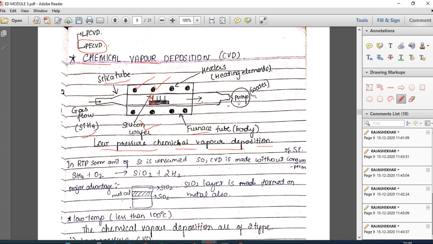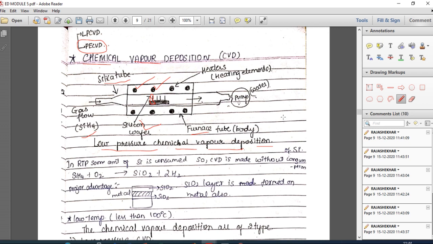And one major advantage is that it won't consume any silicon from the wafer. In the previous methods, the silicon goes through the process of oxidation, and a particular amount of silicon is consumed to provide SiO2.